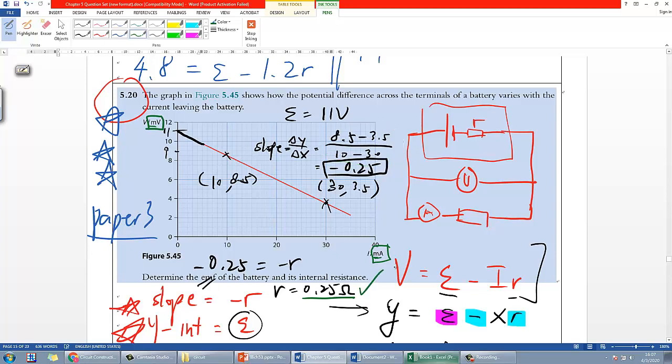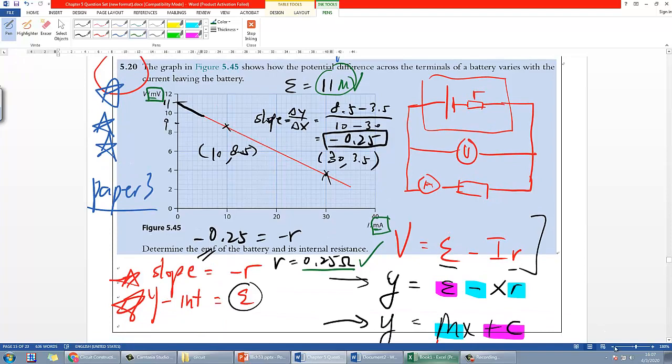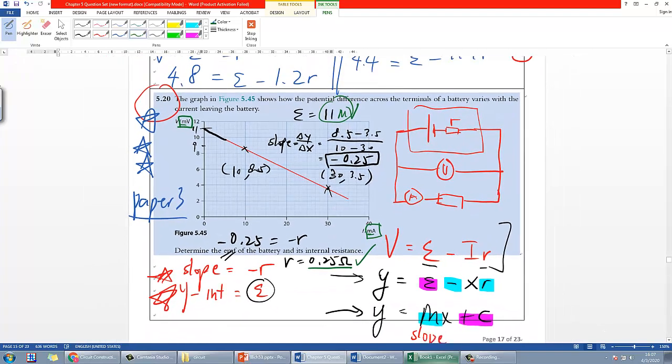So this is still fine, but for EMF it's certainly wrong. This is 11 millivolts instead. Okay, sorry about that, but I think that's the whole idea. So this is again a very important and useful concept when you deal with internal resistance and also EMF.